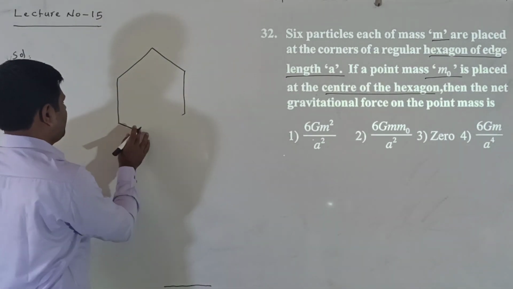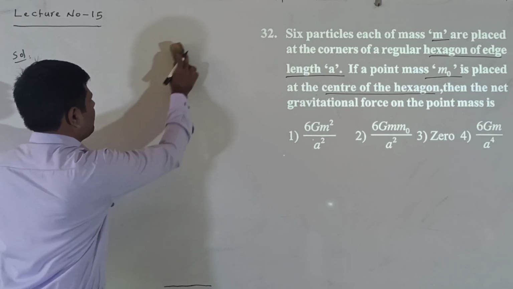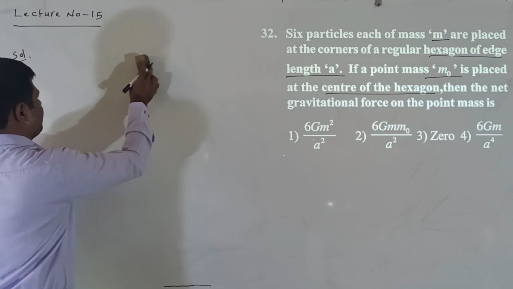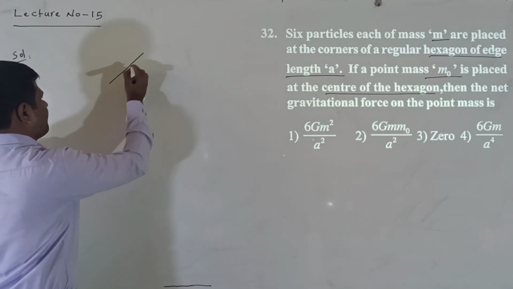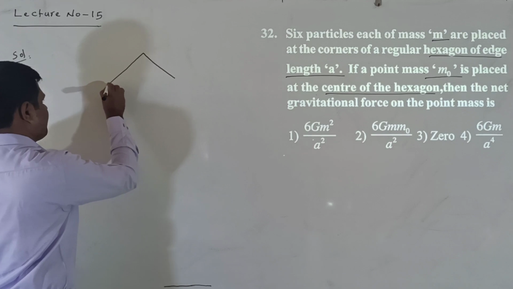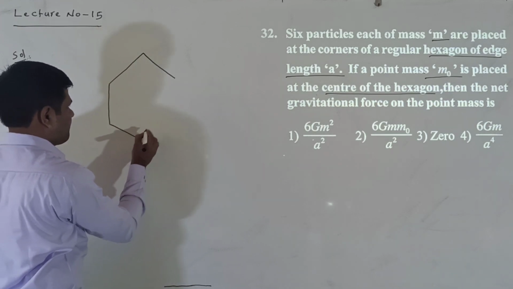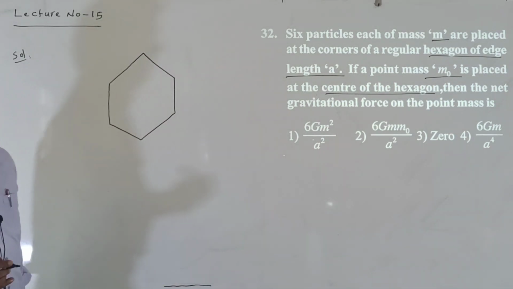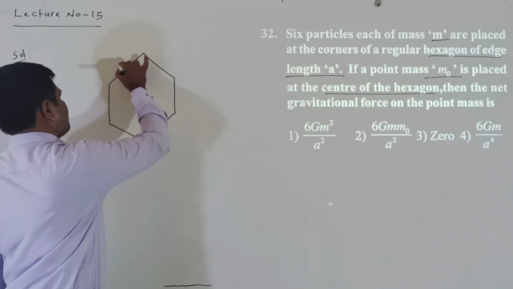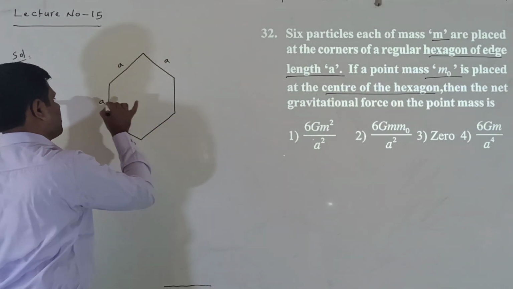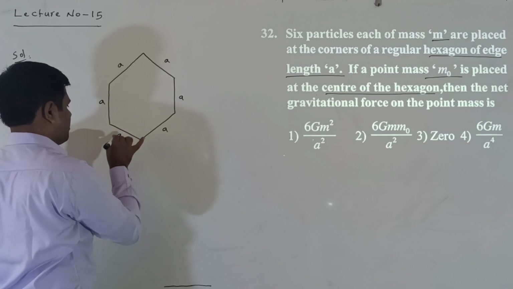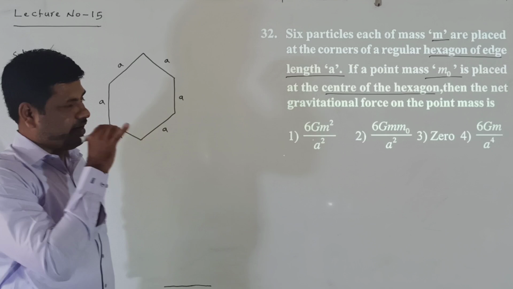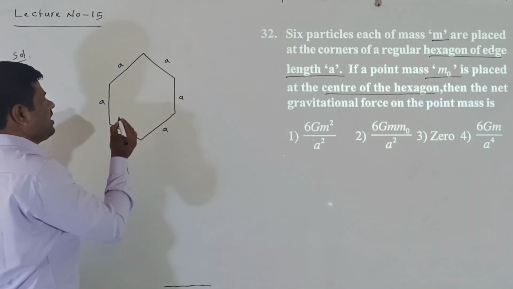The sides are not coming out equal, so once again I am drawing. Okay, near about you can consider all sides are equal. Hexagon of edge length A. Regular hexagon means all sides are equal, that is A.